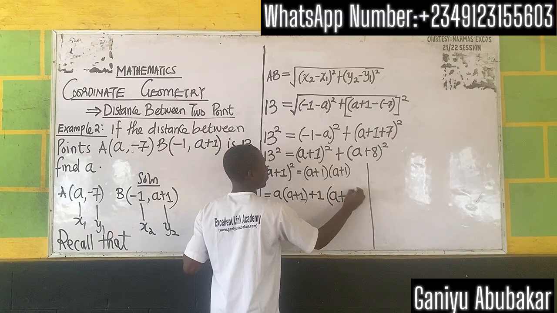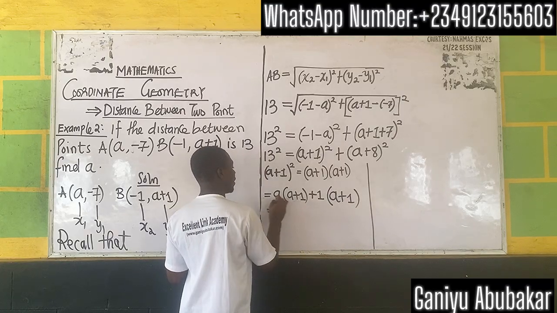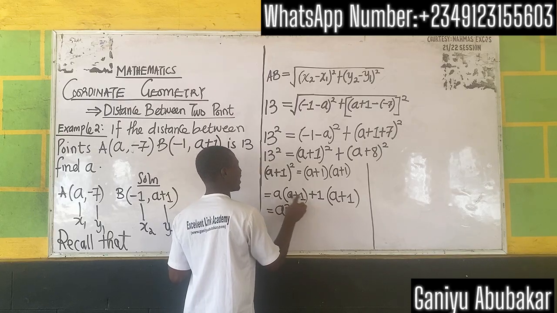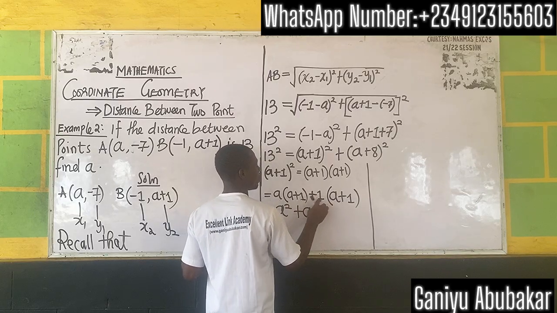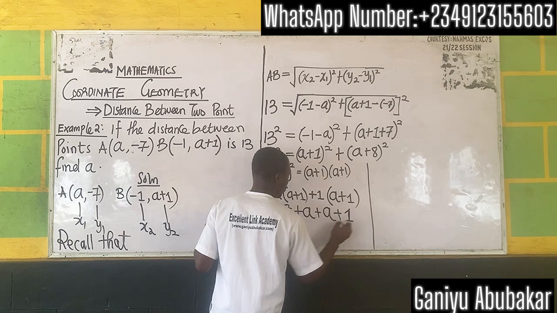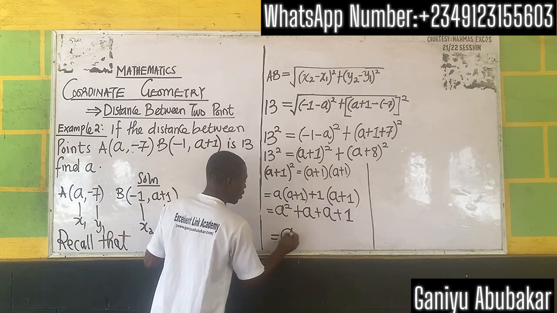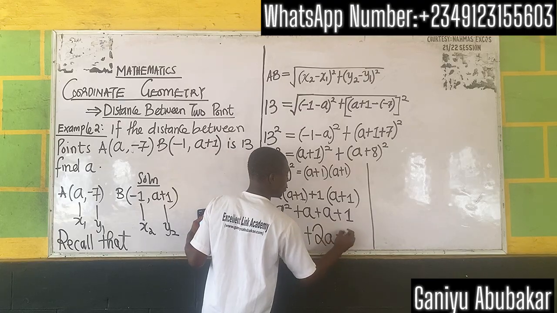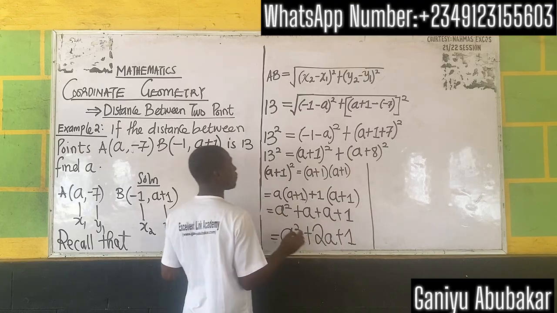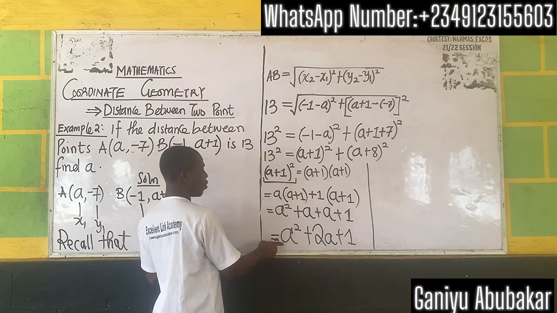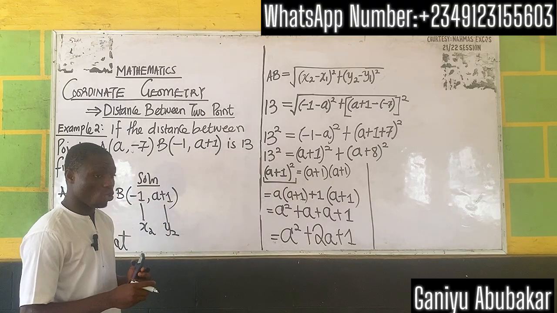A plus 1. Alright. Expand this. This gives you A times A gives you A squared, plus A times 1 gives you A, plus 1 times A gives you A, plus 1 times 1 gives you 1. This gives you A squared plus A plus A gives you 2A plus 1. So after expanding this one here, my answer becomes A squared plus 2A plus 1.